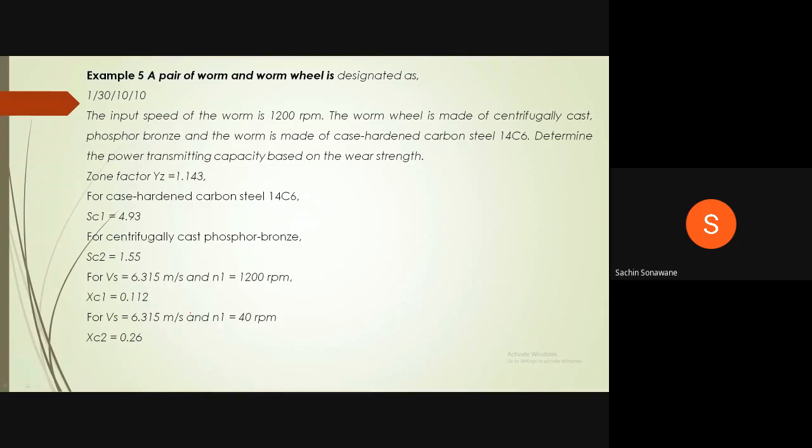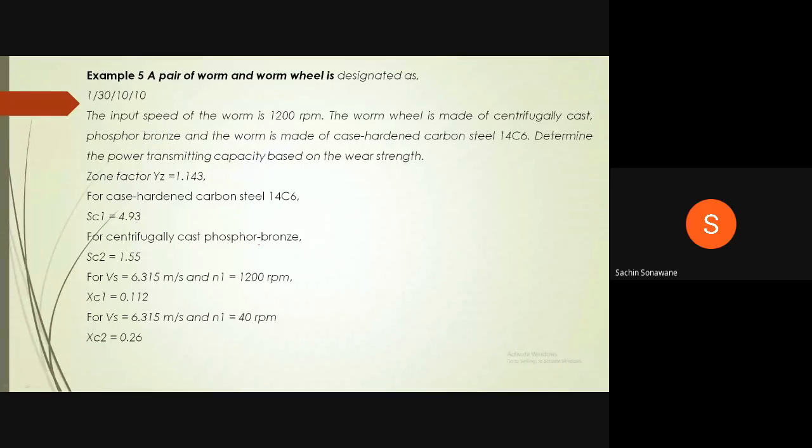A pair of worm and worm wheel is designated as 1 30 10 10. The input speed of the worm is 1200 rpm. The worm wheel is made of centrifugally cast phosphor bronze and worm is made of case hardened carbon steel 14C6. Determine the power transmitting capacity based on the wear strength. Take zone factor YZ is equal to 1.143. For case hardened carbon steel 14C6, SC1 is equal to 4.93.